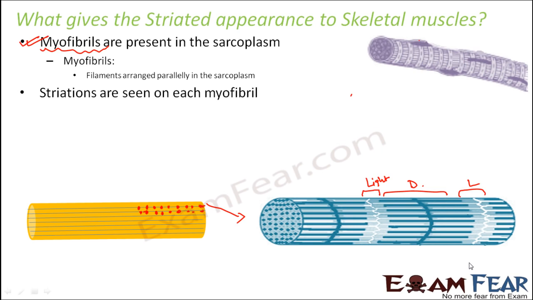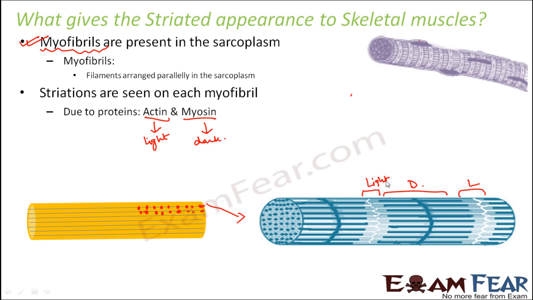Now the question is, what makes these striations present on each myofibril? What is there in the myofibril because of which there are alternate dark and light bands? These striations are due to the presence of two proteins, actin and myosin, which are present inside the myofibril. Actin is the protein which gives rise to the lighter bands, and myosin gives rise to the dark bands.